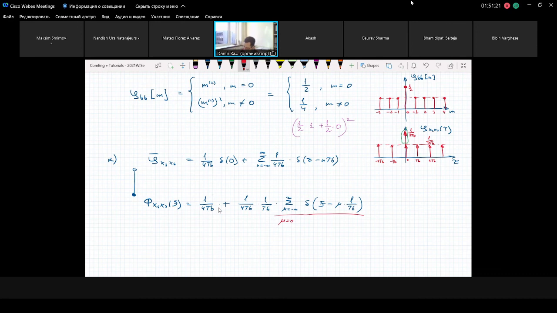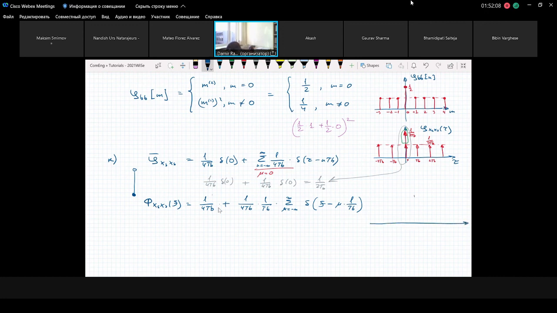If you substitute mu equals 0, you get the result 1/4 TB delta 0, and another one at 0 comes from the summation, 1/4 TB delta 0. And if you sum these two parts, you get 1/2 TB. And this is exactly what we have for the whole part there. One part will be inside the summation, and 1/4 will be as it is, just separately. This is the idea.